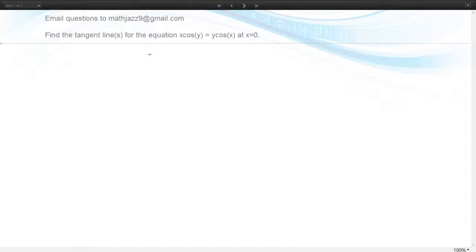So I have 1 times cosine y plus x times the derivative of cosine y, which is negative sine. And then since the inside function was y, the chain rule says we have to multiply by the derivative of that, so we get y prime.